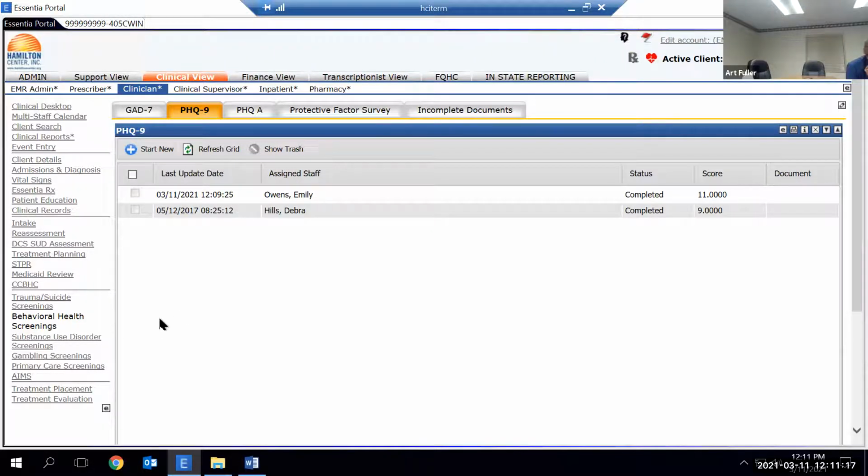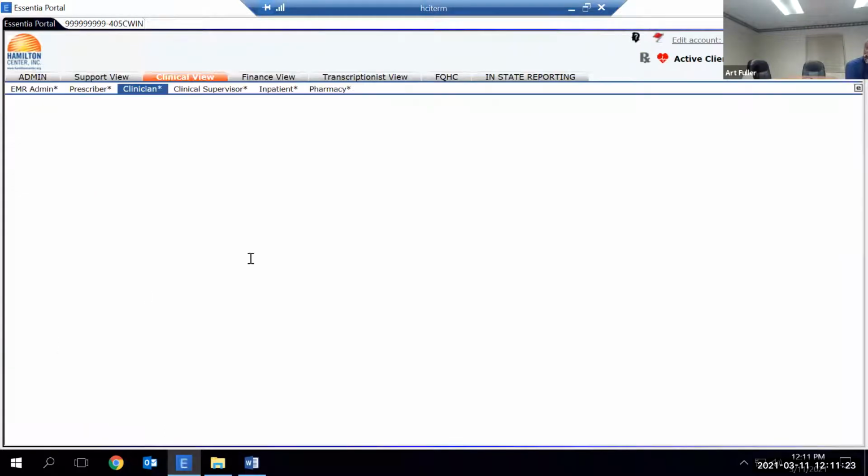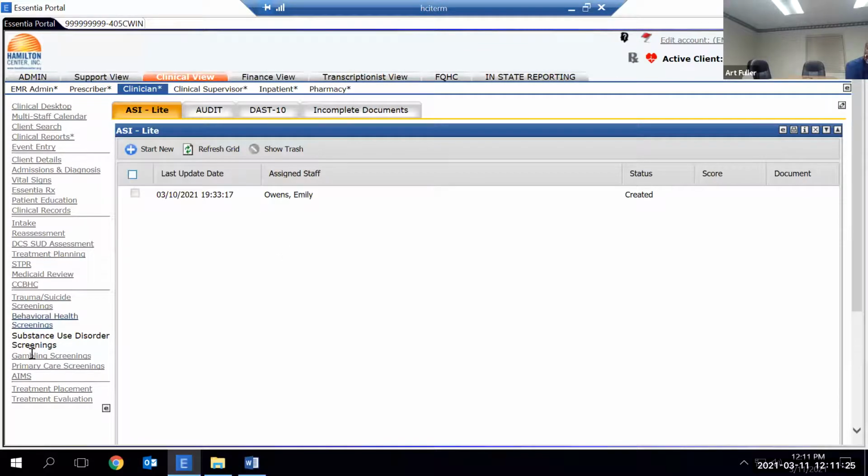He also said something about the substances, the alcohol, the marijuana. So I feel like I need more information on that. I'm going to go to the substance use disorder screenings here on the left-hand side, and I'm going to open up the ASI Lite, the Addiction Severity Index.